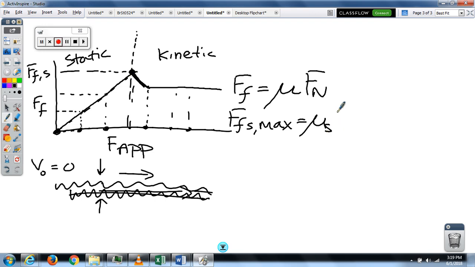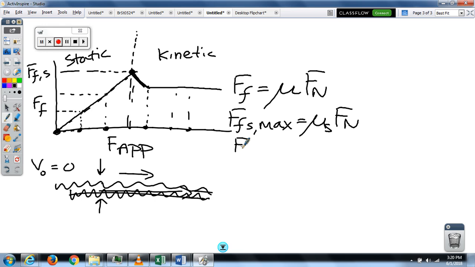I'm going to call this mu_s times the normal force, because the normal force might not change. So how is it that the friction can go from being so large to dropping to this value? That's because the mu value changes.